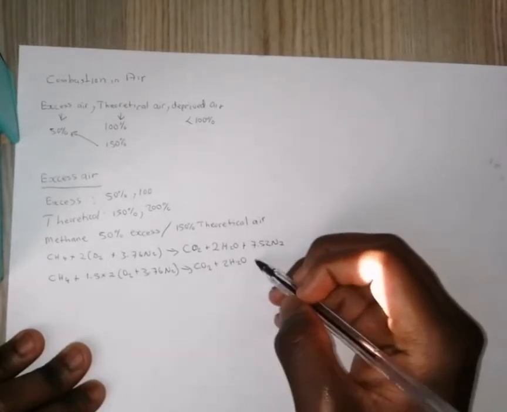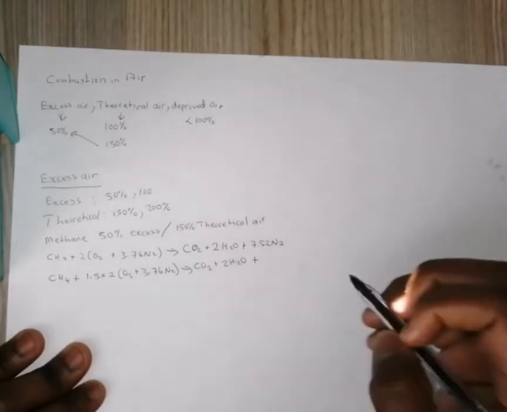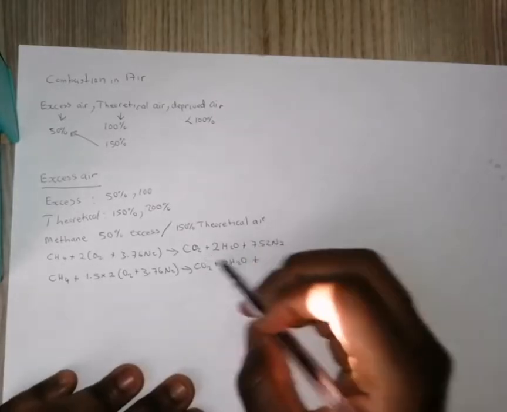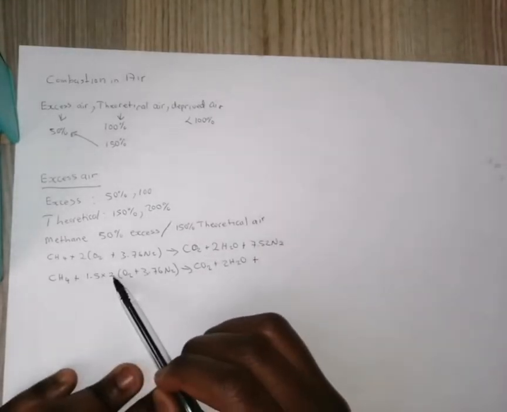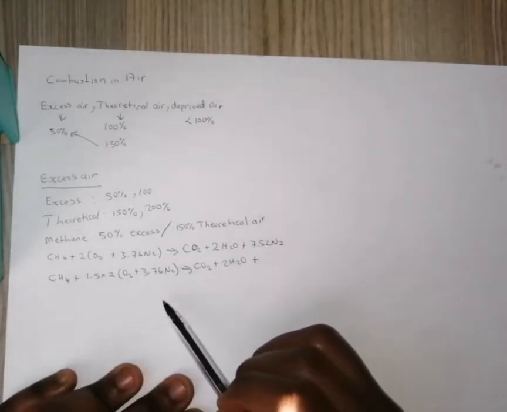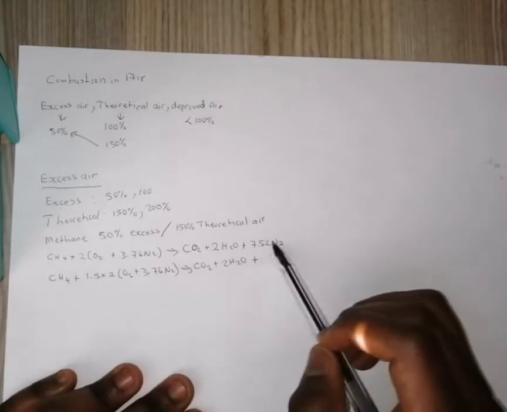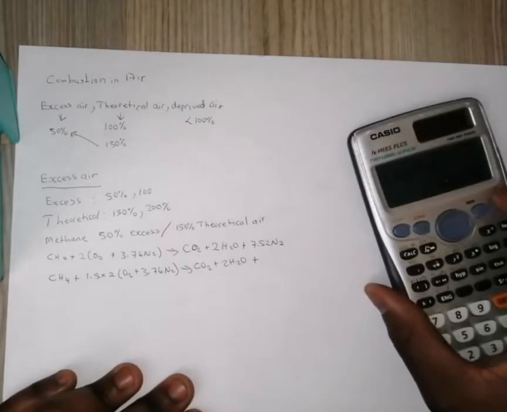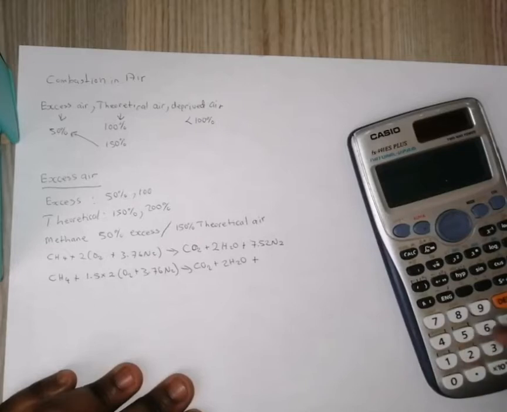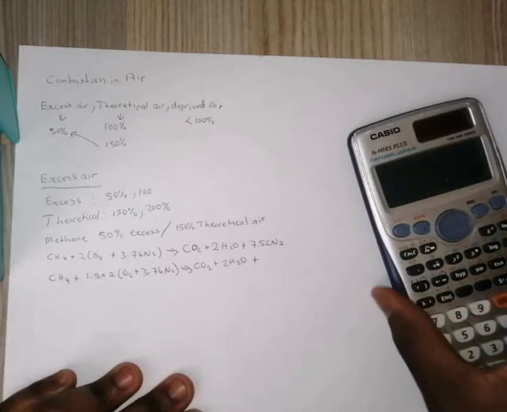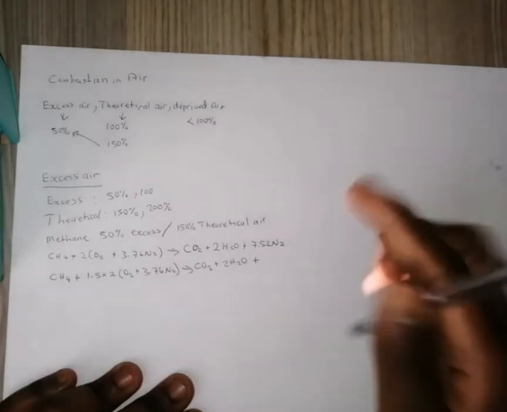Then we change the number of nitrogen molecules. We multiply 1.5 times 2 times 3.76, or straightforward, 1.5 times 7.52, which is equal to 11.28.